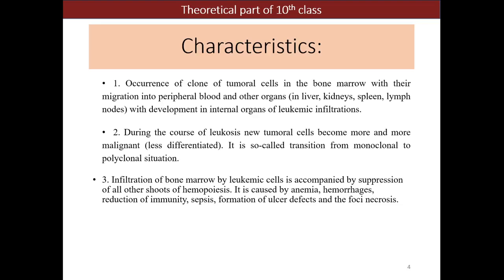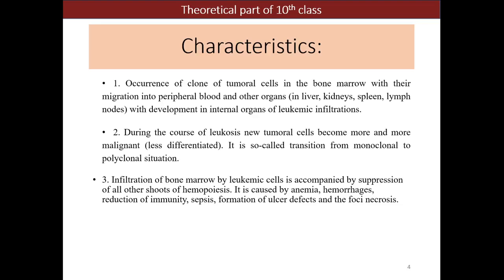According to the course of leukosis, new tumoral cells become more and more malignant, and their malignization is associated with loss of differentiation. For example, in normal cells, we may see erythrocytes or myelocytes or leukocytes.